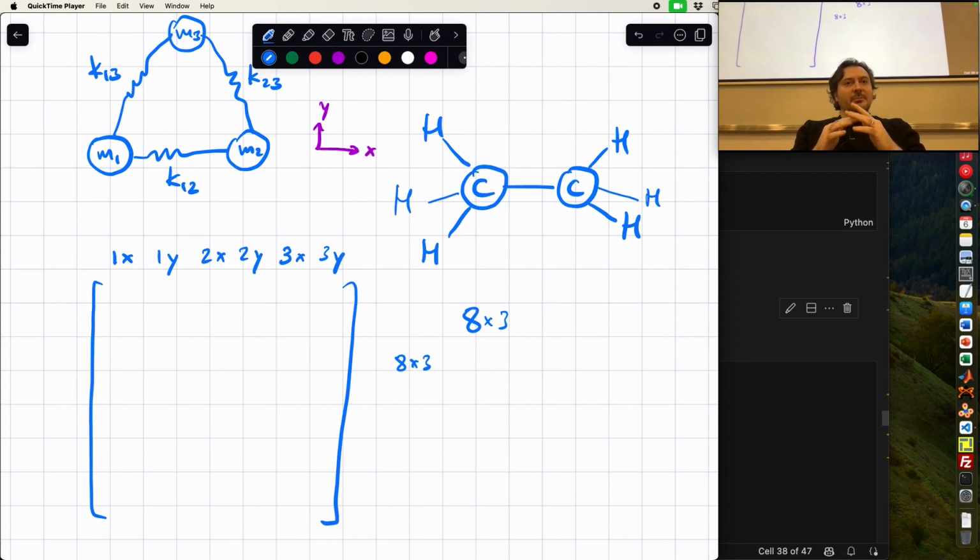For ethane in particular, as far as I remember, and chemists please help me out here, you can move this bond in between quite freely. The bond in between, yes? Because it's a single bond.